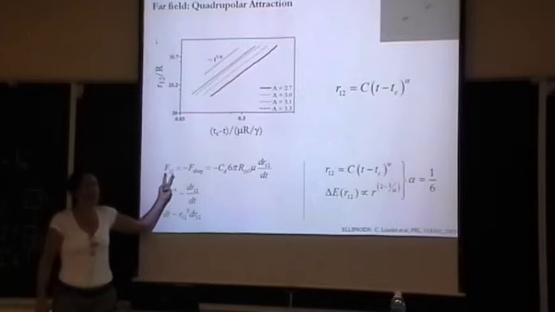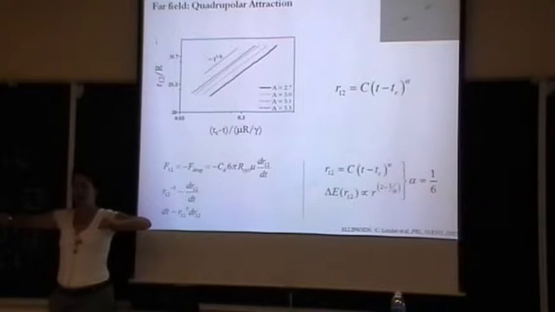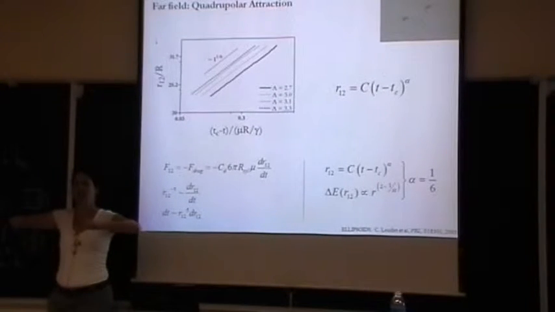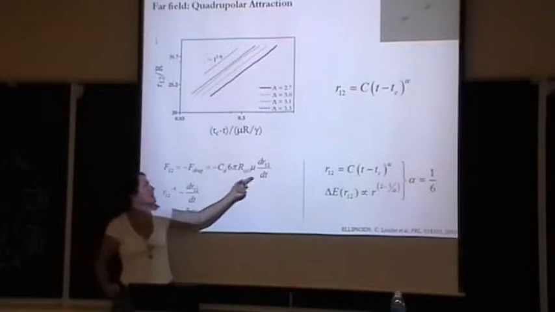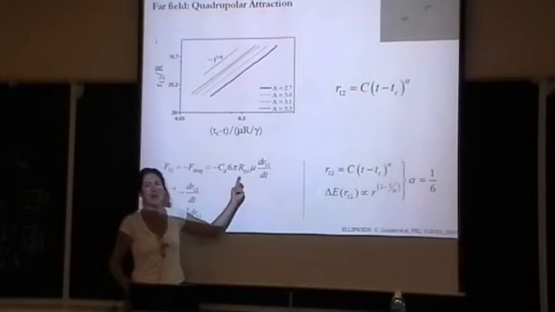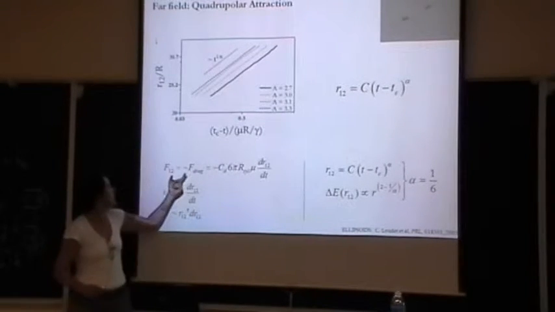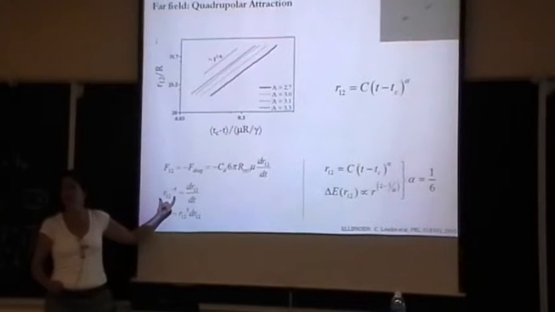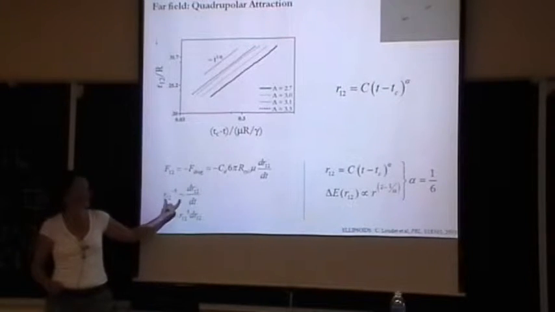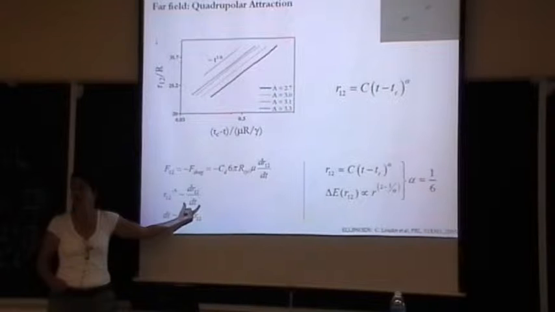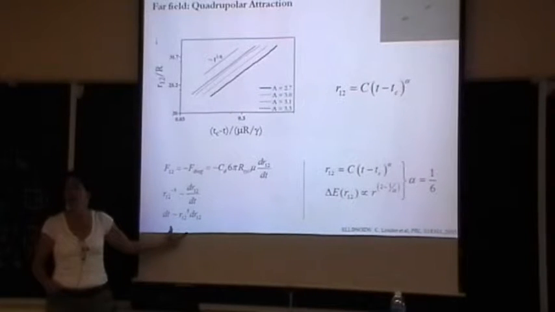Okay? And that interaction force is being balanced by viscous drag at every separation. And that balance is going to be some prefactor times the velocity with which they approach each other. And so we can equate this power of the interacting force to the drag force and predict a power law.